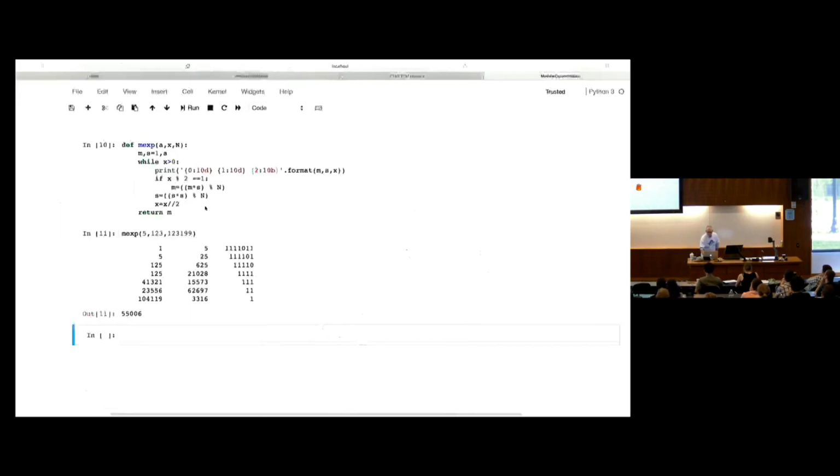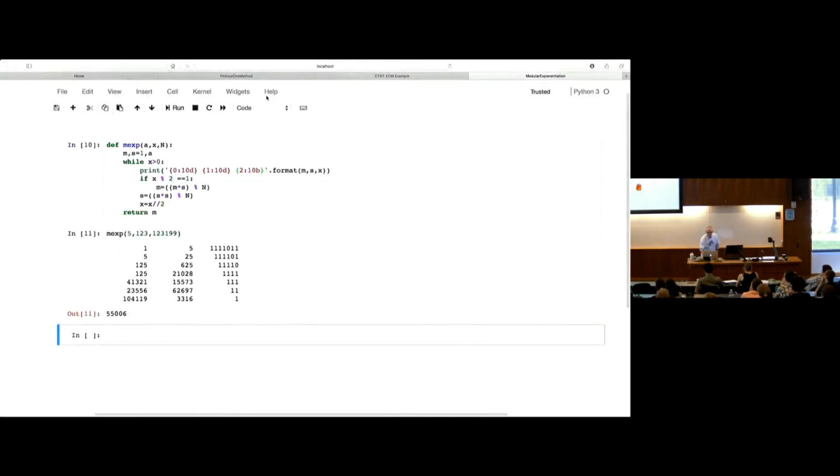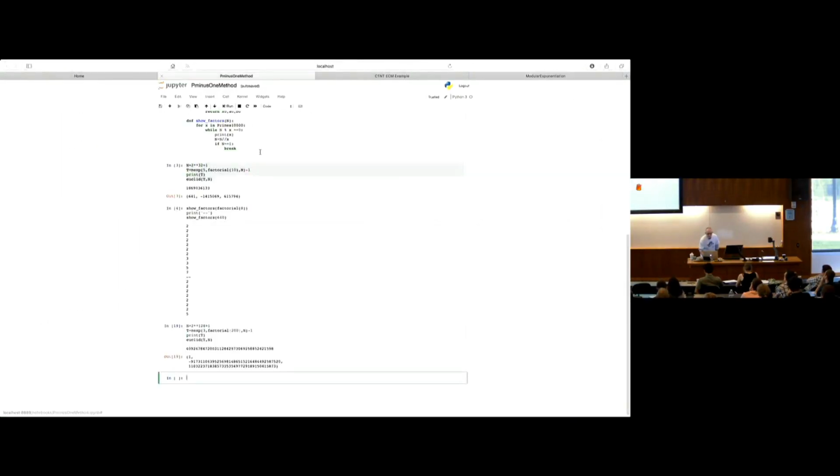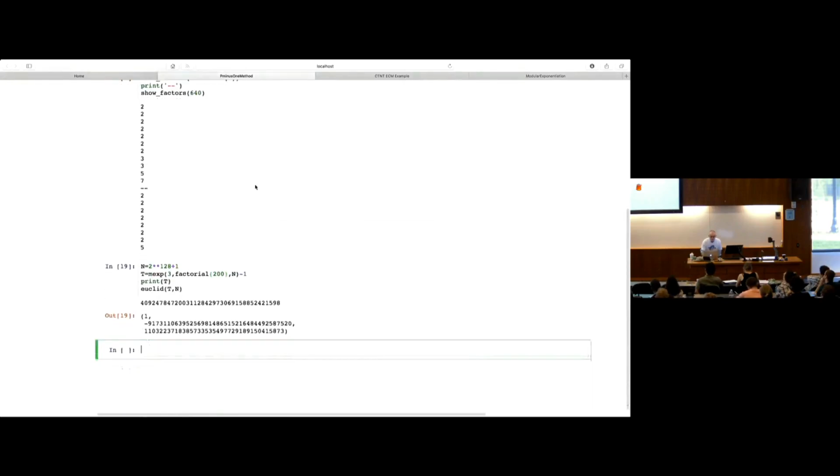If you're feeling adventurous, you could try a bigger one. You might try the 128th Fermat number, okay? And you could raise 3 to the 200 factorial, and subtract 1 from that, you get this big number here.